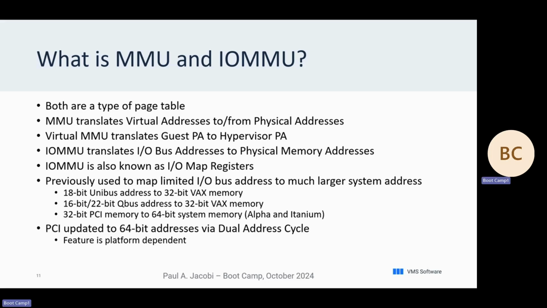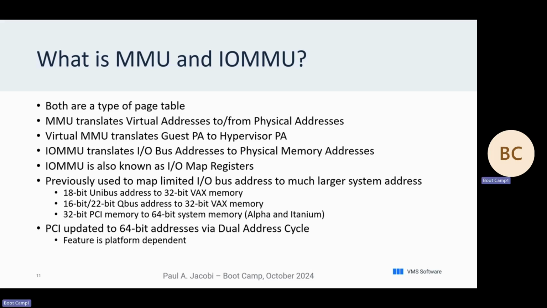And in the old days, we used the IO MMU to map a much limited IO bus address space into a much larger system memory address space. So some examples include mapping the 18-bit unibus IO addresses into 32-bit VAX memory.